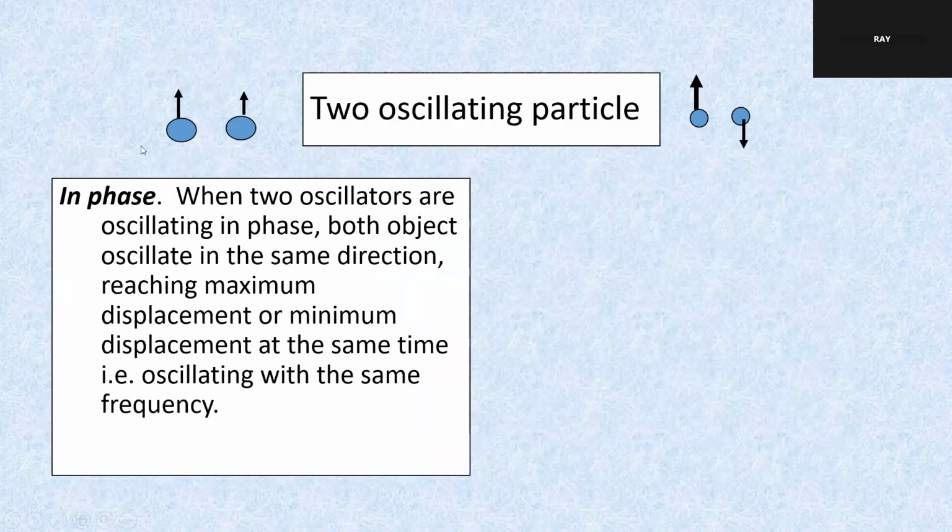This is in phase. Two oscillators are oscillating in phase: both objects oscillate in the same direction, reaching maximum at the same time, minimum at the same time, oscillating with the same frequency. Amplitude doesn't have to be the same.